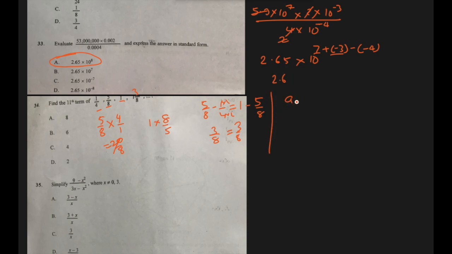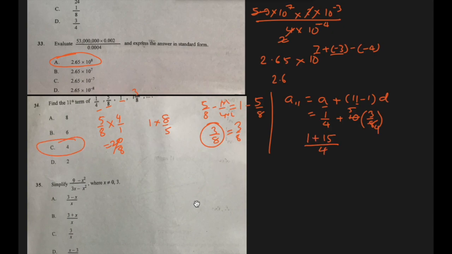So the 11th term will be a plus 11 minus 1 times d. a is the first term, which is 1/4, plus 10 times d. We just got d, 3/8, the difference between two consecutive terms. So it becomes 30 over 8. Can we cancel? Yes, 5 and 4. So 1/4 plus 15/4, 16 over 4, is 4.